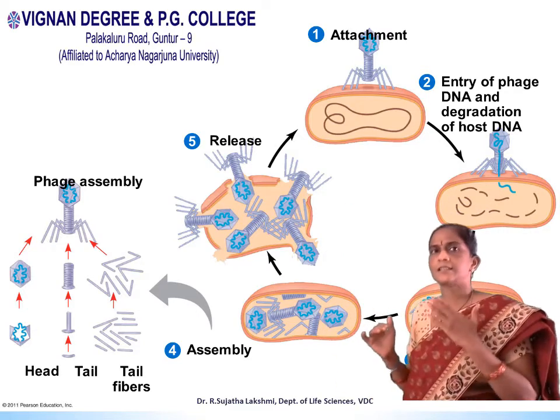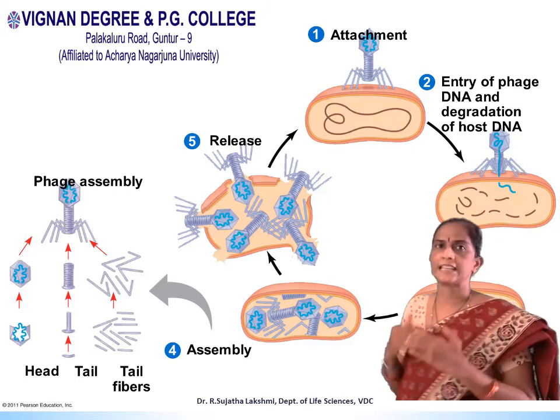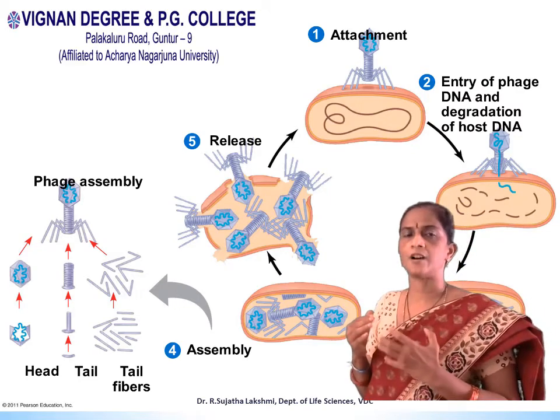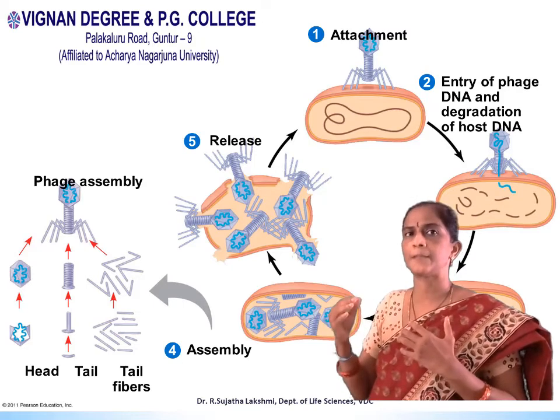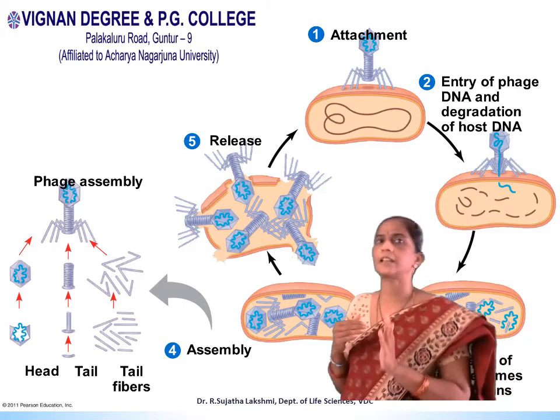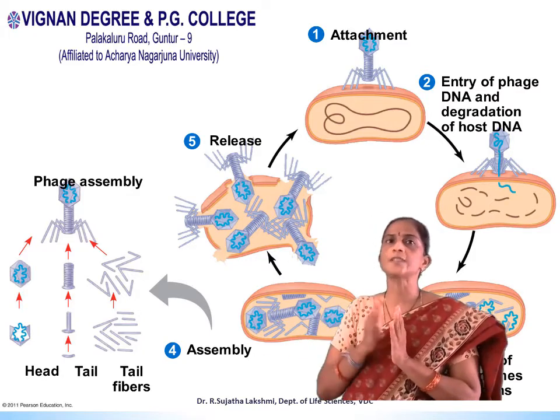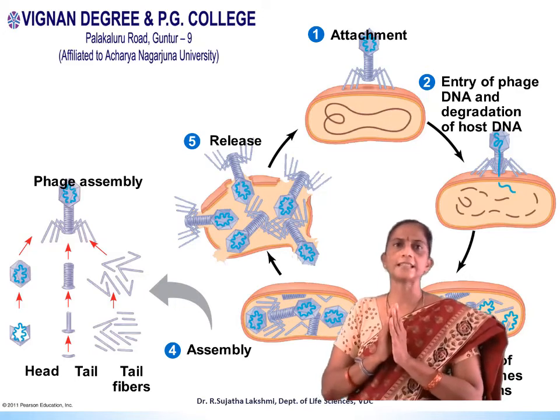The next stage is the eclipse stage. In this stage, the phage overcomes immunity against the infection by producing specific enzymes called repressors. The bacteria produce some restriction enzymes. Against these restriction enzymes, the phage produces enzymes known as repressors.